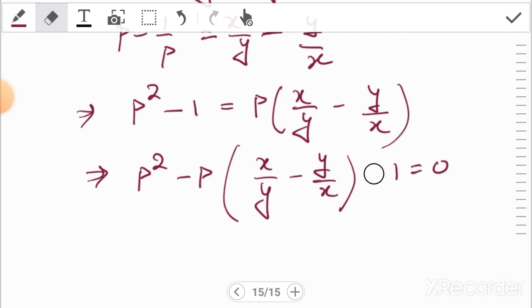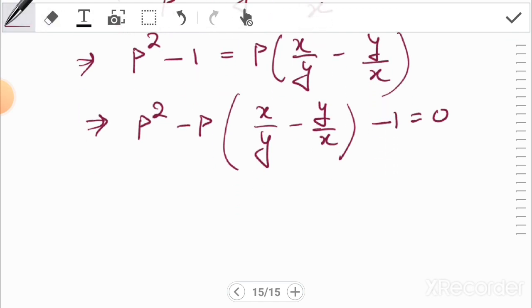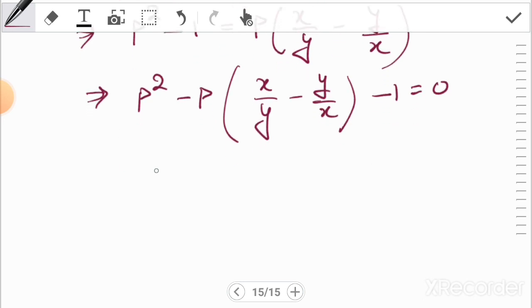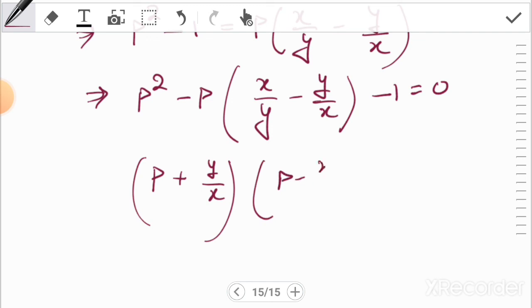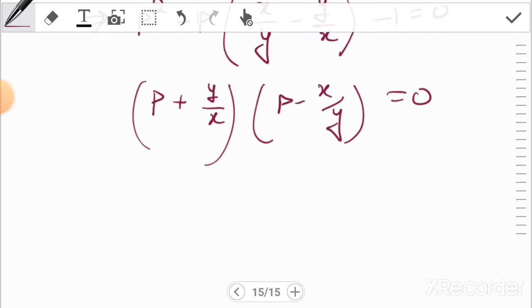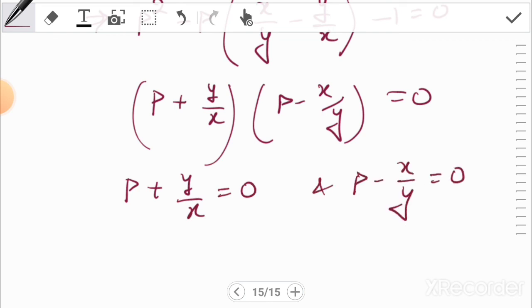Okay, this is minus only. So this is a quadratic equation. Now factorizing, we will get p plus y by x and p minus x by y is equal to 0. Thus we have either p plus y by x is equal to 0 or p minus x by y is equal to 0.